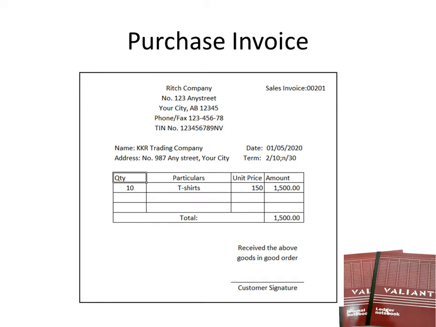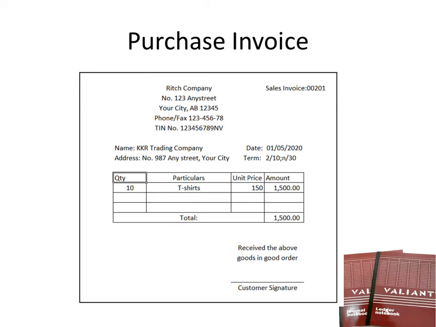So for this one, the seller is Rich and the buyer is KKR Trading, for which we are the accountant. Okay? So take note, this has the name of the supplier, the address, and the telephone number of the supplier. Then the TIN, or the tax identification number. Then you would see in some of your invoices there is an NV and VAT.